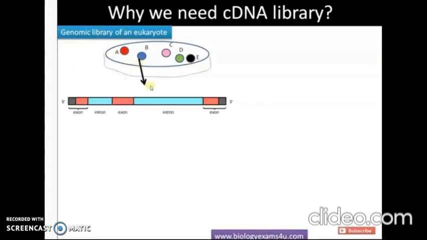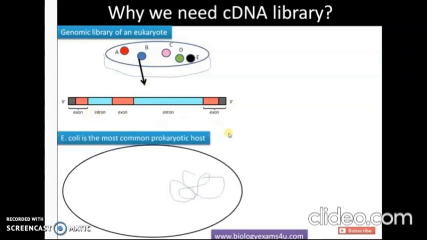And these colonies contain a specific gene or specific fragment of DNA, and since it is maintained, it is called a genomic library. In this case, the DNA inserted in the colonies will have both exons and introns.